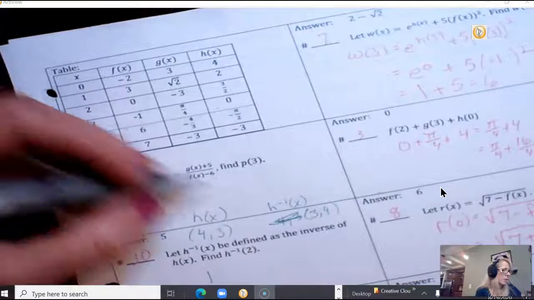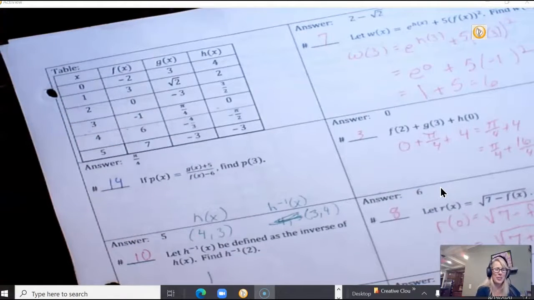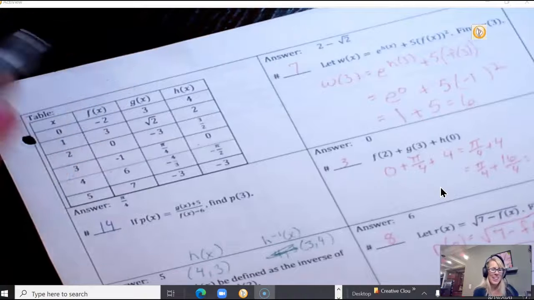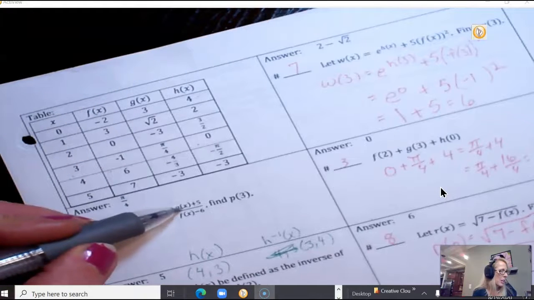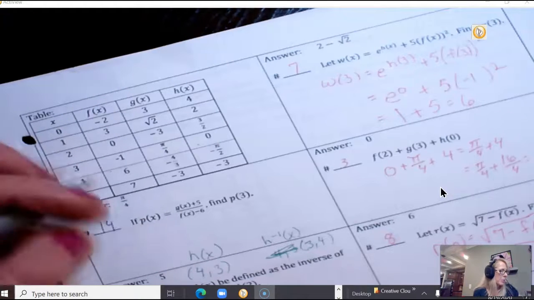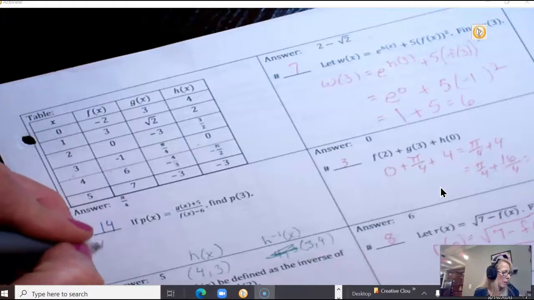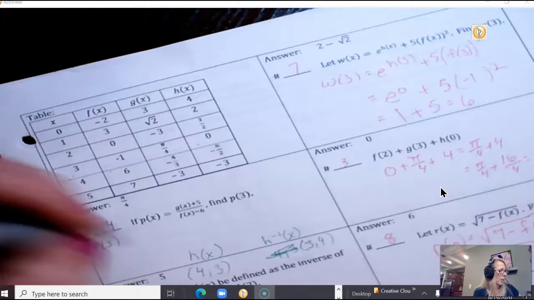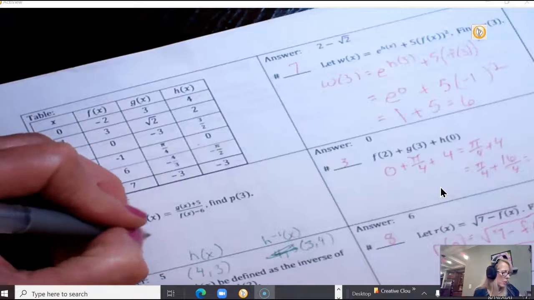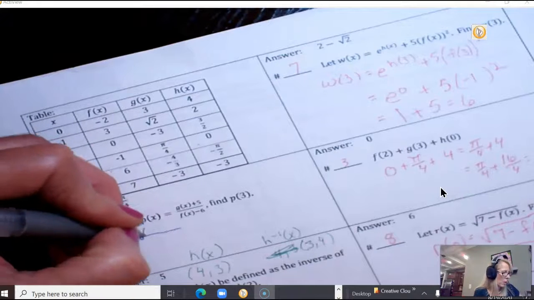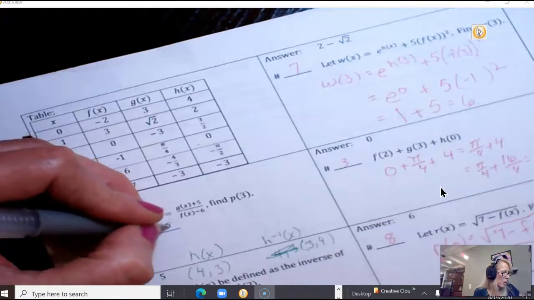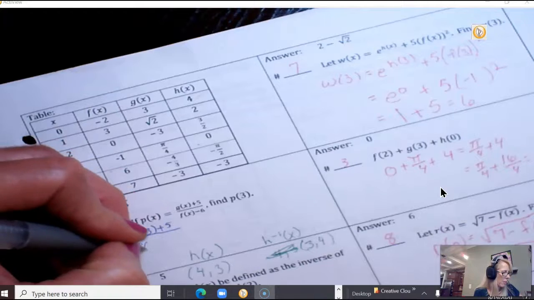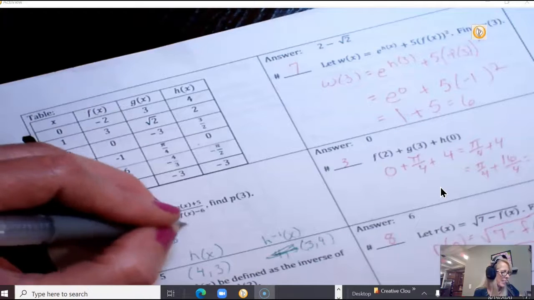This one, oh gosh, I hope I left myself enough room. I kind of messed myself up there. All right, so we're going to find g of 3 because this is p of x. So we're going to make that p of 3, changing the x to the 3. So we'll just change all the x's to 3's. G of 3 plus 5 and f of 3 minus 6.